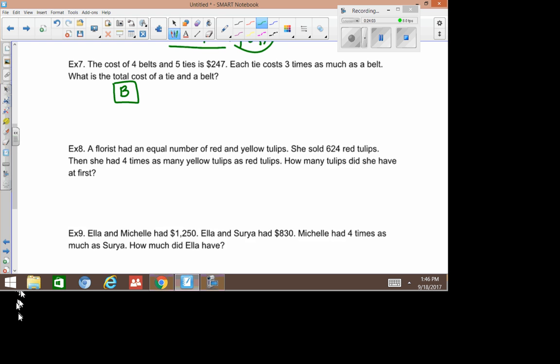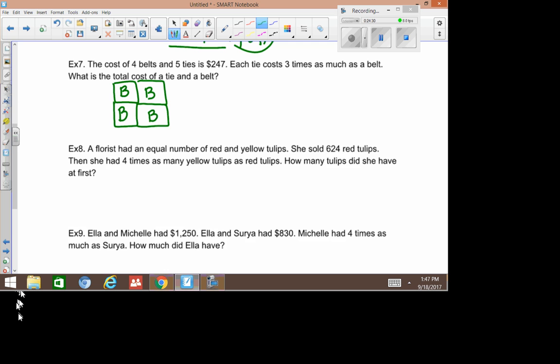4. And the ties cost 3 times what the belt does. Okay, just making sure I'm all on the right track. Okay, I got 4 belts, right? The ties cost how much as much as the belts? 3 times. The ties cost 3 times as much as a belt.